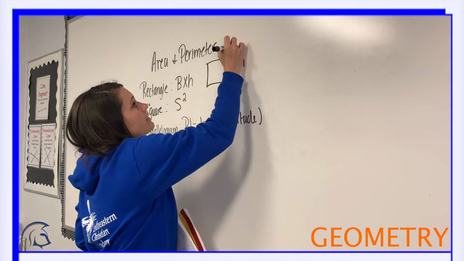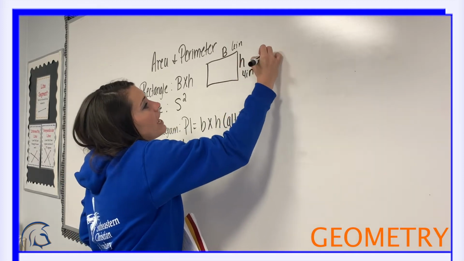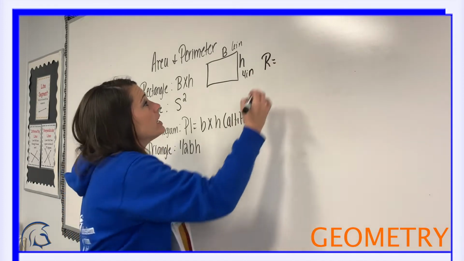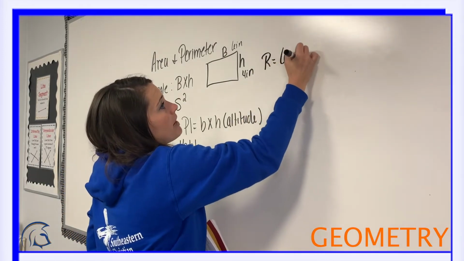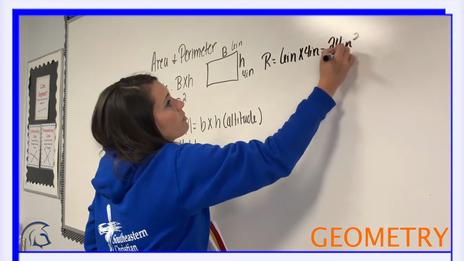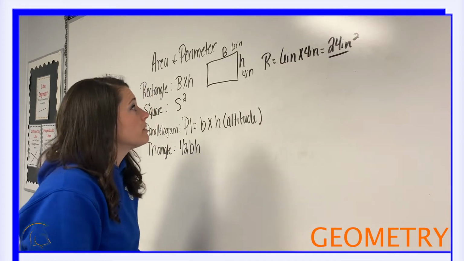So for instance, if it is 6 inches and the height is 4 inches, then the area, which your book designates R for rectangle, is going to be 6 inches by 4 inches, which is going to give you 24 inches squared. And that is the correct units, and that is how I want you to answer your problems.